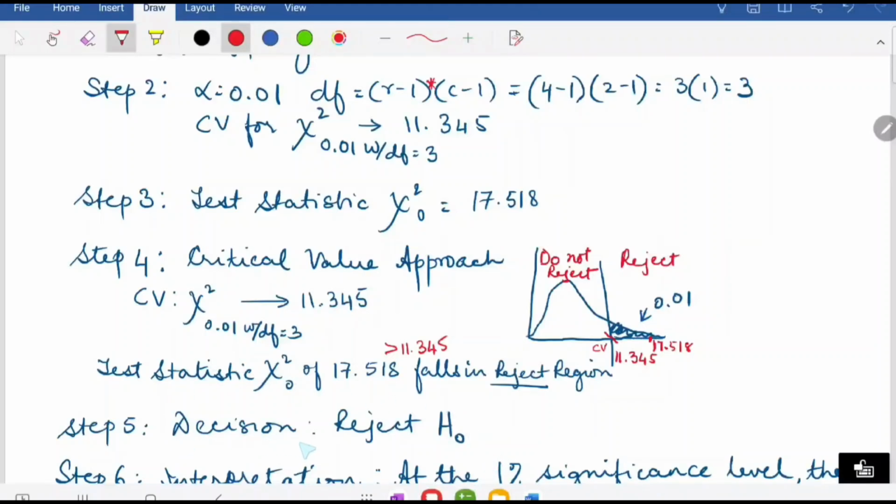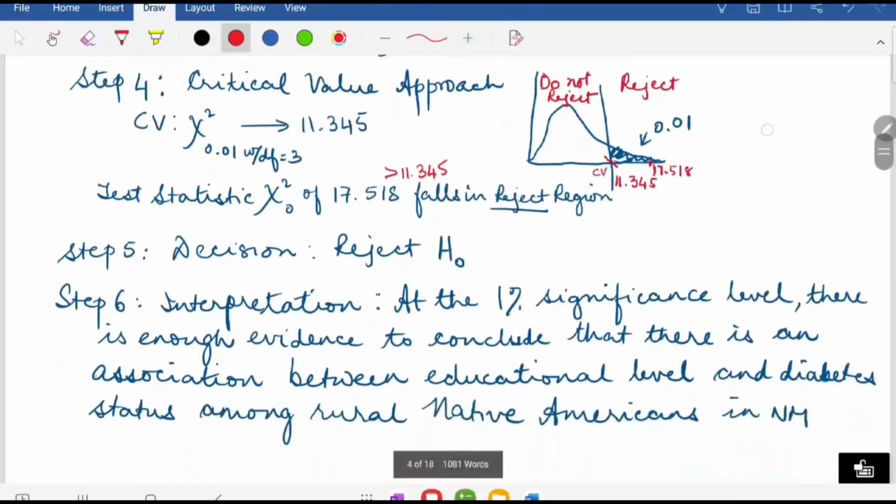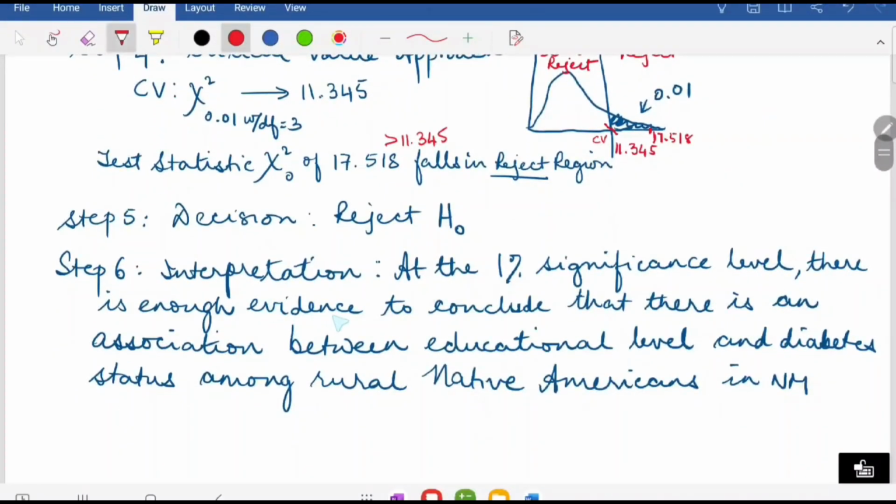Therefore, in step 5, we decide to reject the null hypothesis.